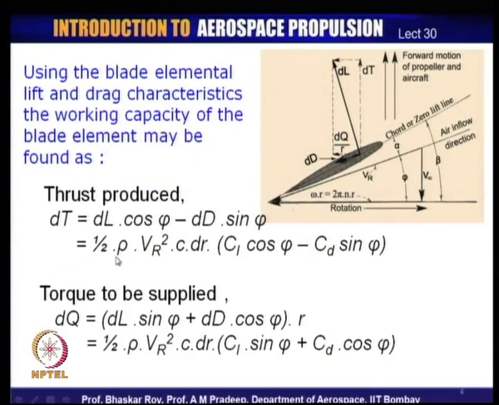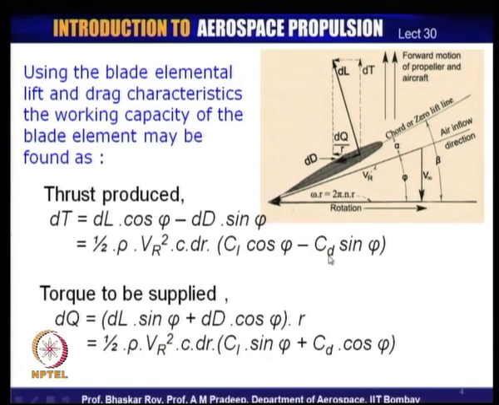So, in this thrust creating equation, rho is the density of the air which is in operation, which let us say is invariant from root to the tip of the blade. On the other hand, as we have seen from this diagram, V_r would vary from root to the tip of the blade, c would vary from root to the tip, and dr, the elemental length, could be the same for each and every element, let us say. The C_L value would vary from root to the tip depending on the airfoil section you are using.